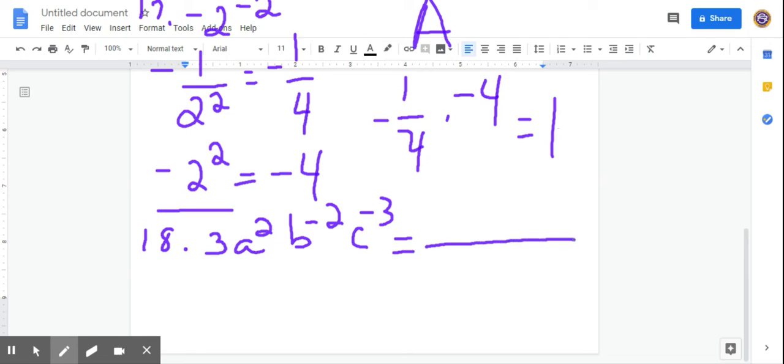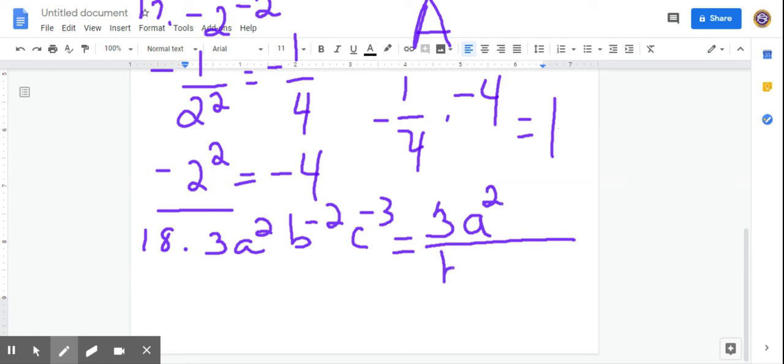So now you have to ask yourself, which factors do I have to take the reciprocal of? Well, I have to take the reciprocal of the factors with the negative exponents. So that 3 is going to stay right where it is in the numerator. That a squared is going to stay right where it is. The b to the negative 2, I have to take its reciprocal. So that's 1 over b squared.